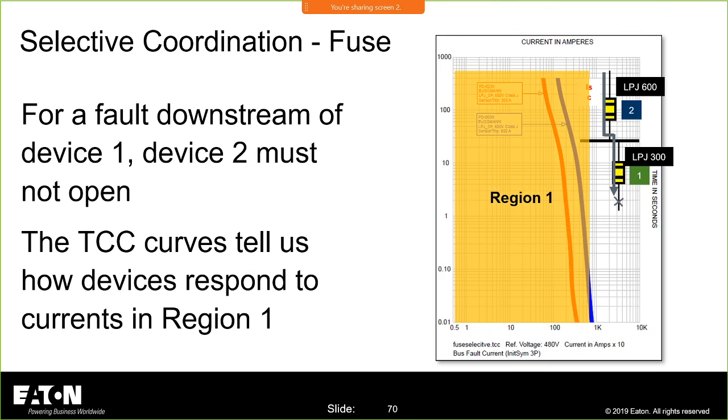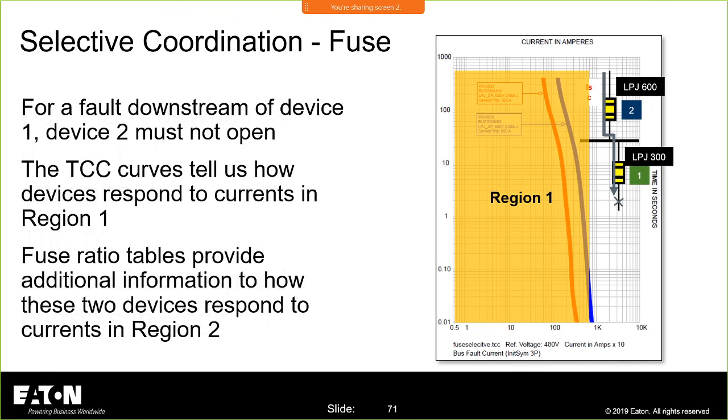Now, these fuse curves still have the same regions. They have a region 1 where I can use the TCC curves, and if I'm not using the selective coordination ratio tables, and I'm simply using the TCC curves, I know the performance of these as long as my fault currents are in that region.